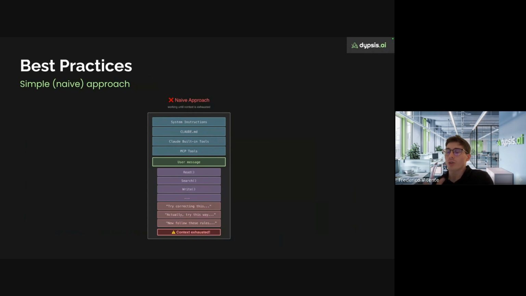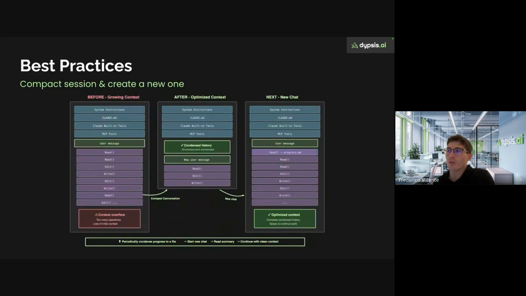In Cloud Code, for instance, if you press escape 2 times, you can go back in time. That's a feature. Also, you should always use Git when developing. You should maybe create a branch, start doing some commits, so you can easily revert what you're doing. You can also follow this approach: when you are advancing and having conversation with the agent, you can compact frequently, or create a new session, so you also have a clean context window.